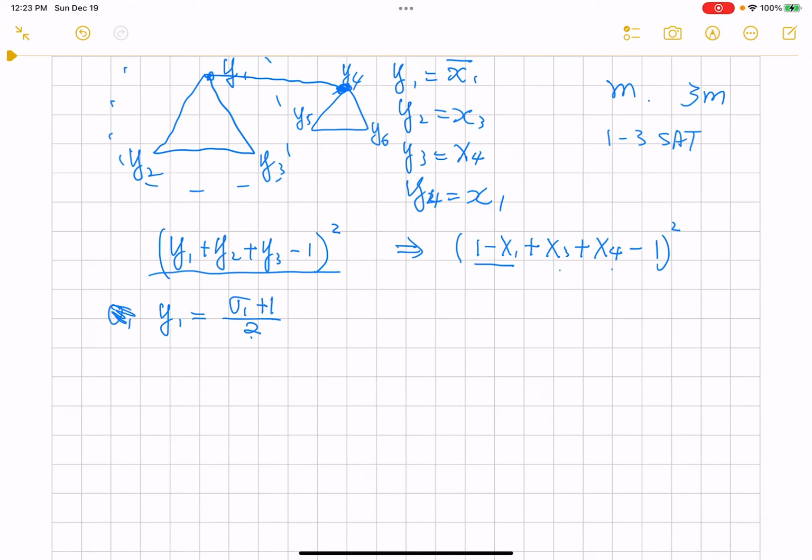Let's write the original formula. Let's expand it. So it's y1 squared plus y2 squared plus y3 squared, right?